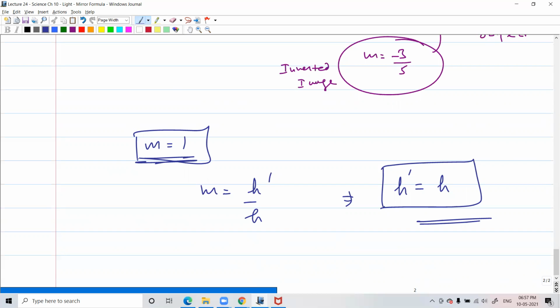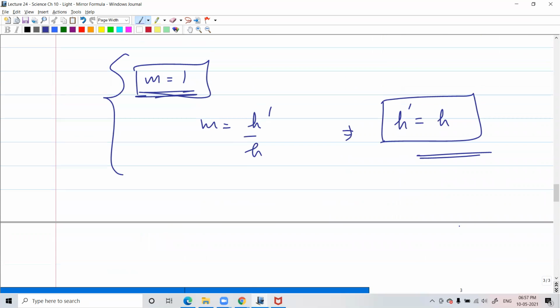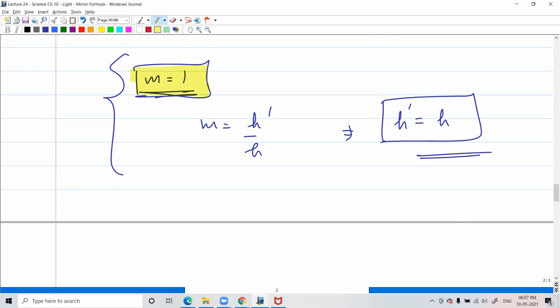When will this case happen? When will M be equal to 1? Do you people remember which case for the concave mirror it will happen? At C, sir. Yes, very good. When the object is kept at the center of curvature, the image is exactly the same height as the object. So that will be the case where M will be equal to 1. For all other cases, M will either be bigger than 1 or smaller than 1.